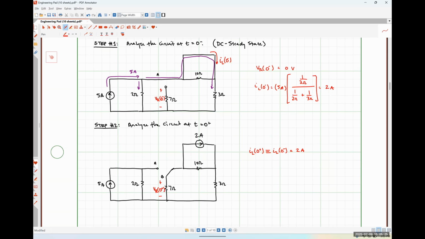So the only unknown quantity that we're dealing with now is just the voltage drop across our resistor at 0 plus. So before we get into this analysis, is everybody clear on why I have replaced our inductor with a current source? I see a couple of people giving a thumbs up. For what it's worth, if you wanted to just draw it as an inductor and then make an annotation that says the current flowing through it is 2 amps or whatever, that's perfectly fine.